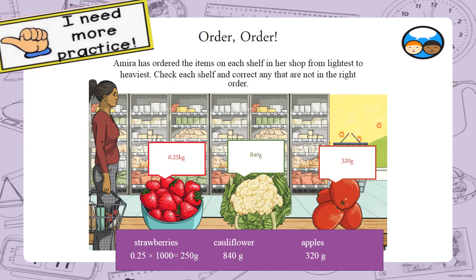So now we have 250 grams, 840 grams, 320 grams. Now I want to ask you, did she order it correctly from lightest to heaviest or not?